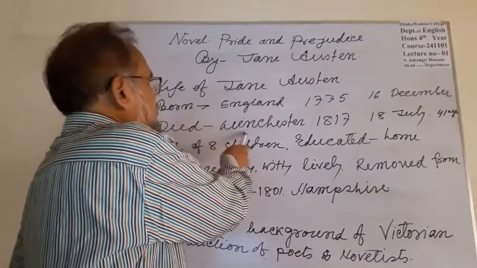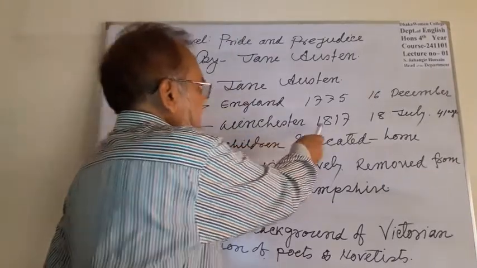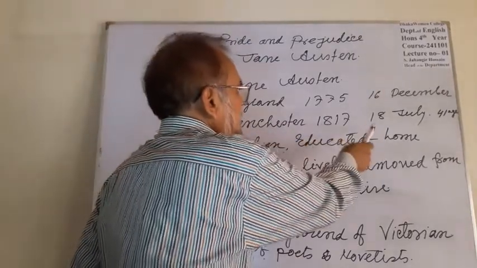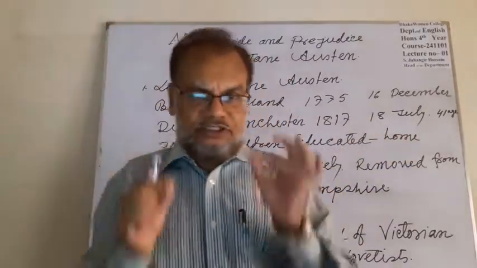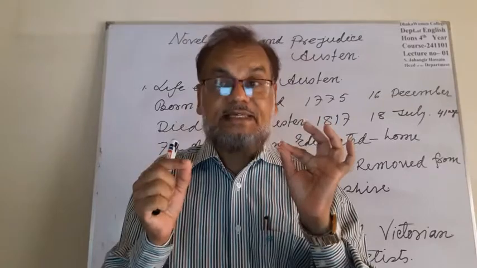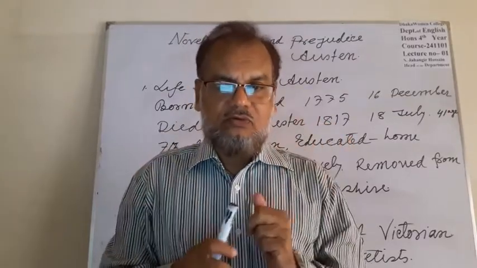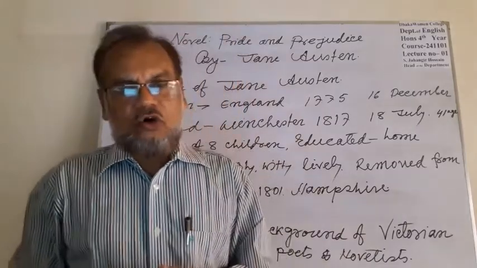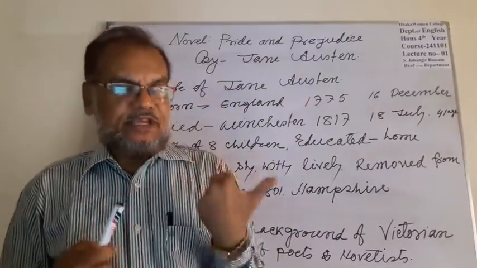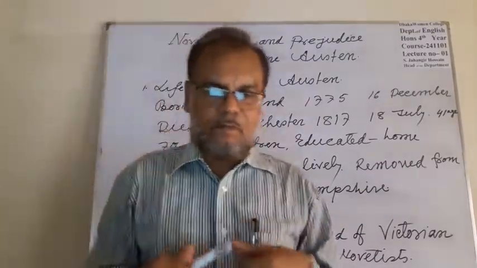She died in Winchester on 18 July 1817, when she was only 41 years old. So during this time, she became a famous novelist.